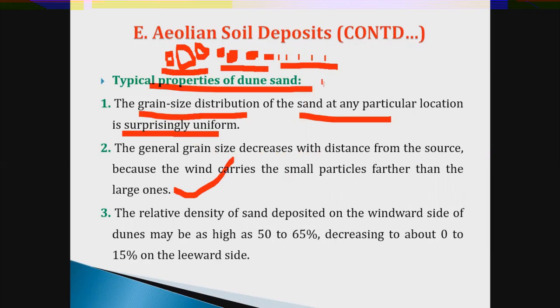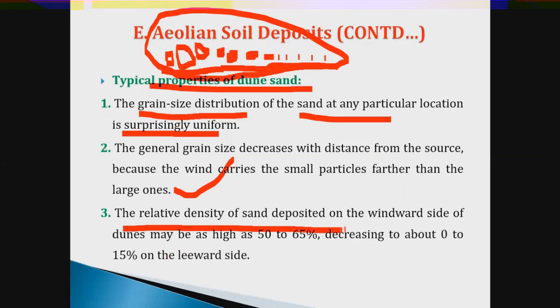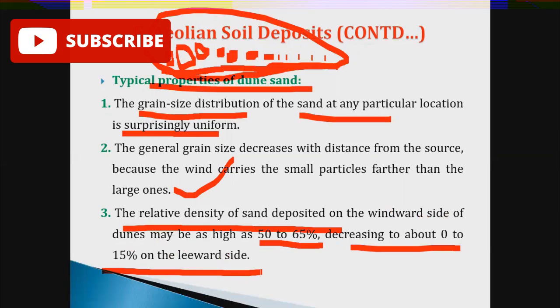The relative density of the sand deposited on the windward side may be as high as 50 to 65%, decreasing to about 0 to 15% on the leeward side, because on the leeward side there will be no force of compaction. There will be only a free fall rolling movement of the sandy particles. But on the windward side, there will be an action of compaction by the wind.